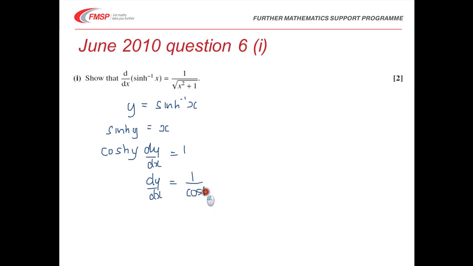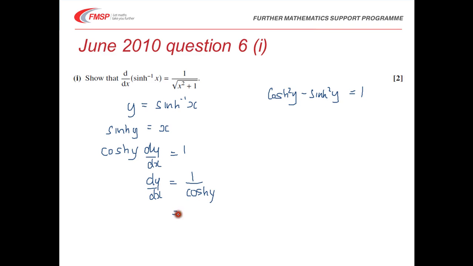Now, we must give our answer in terms of x, so we just need to use the identity that cos squared y plus sine squared y is equal to 1, and substituting in the fact that sine y is x. So cos squared y is equal to 1 minus x squared.